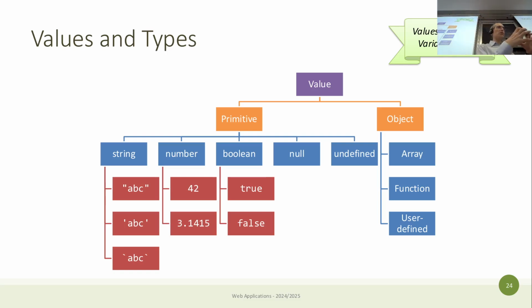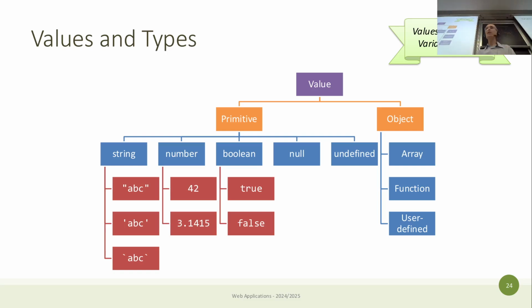Variables are just boxes. There can be different values inside this box, different types of values. You're not declaring a number. You're declaring a variable. And then you decide that you put a number inside this variable.